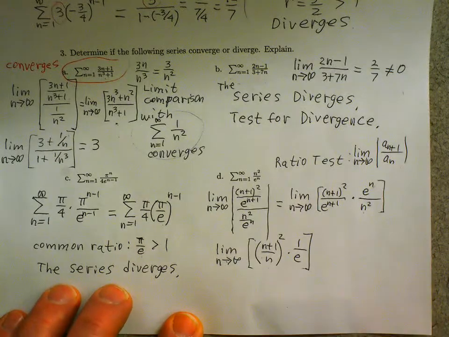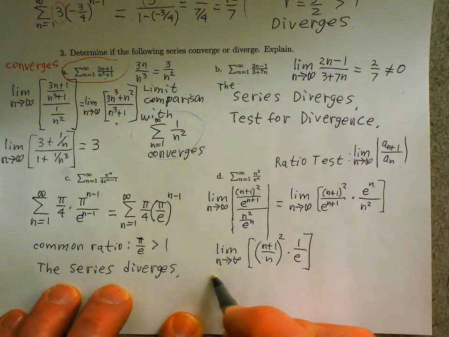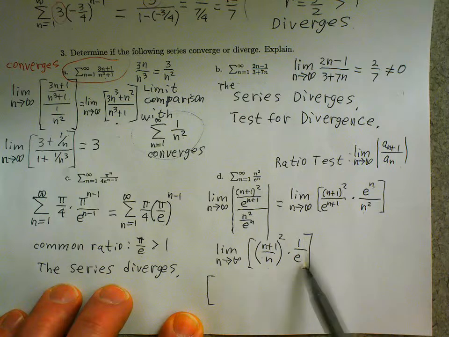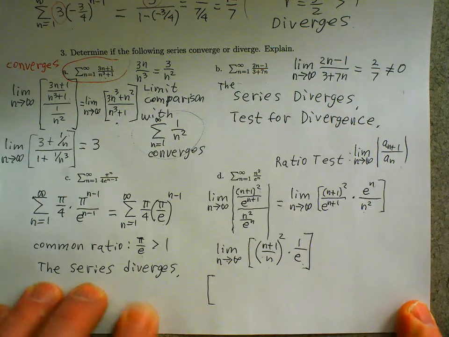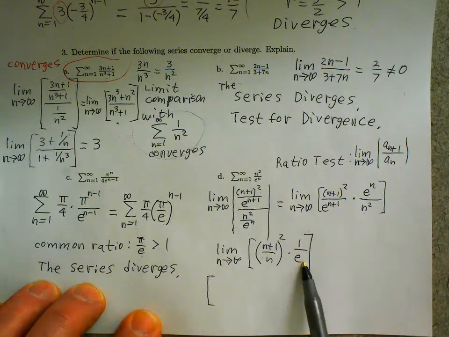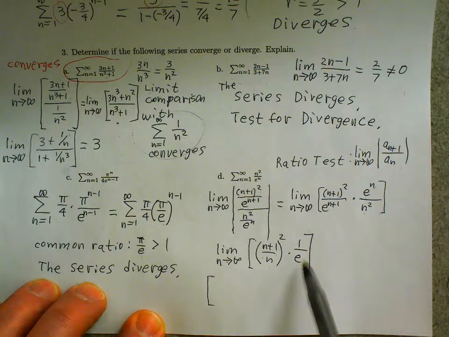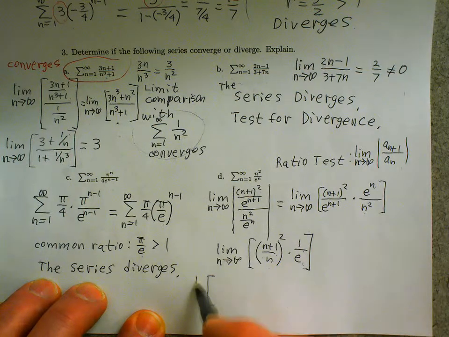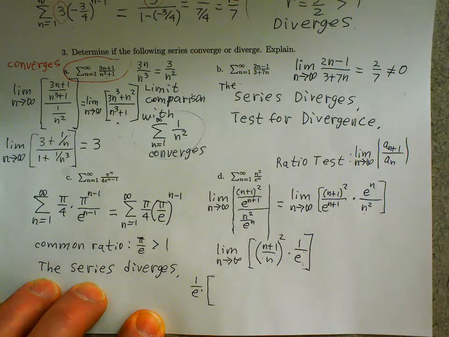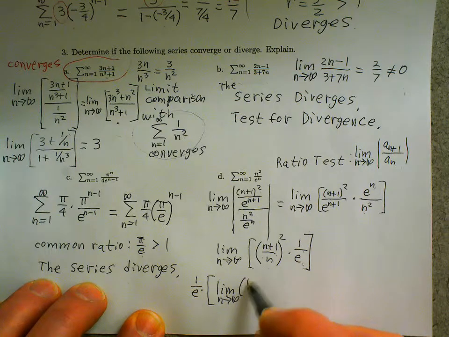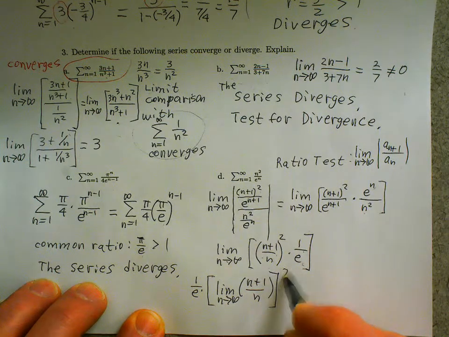So maybe I should do that. 1 over e is a number, so it's unaffected by n. So we can put 1 over e times the limit of n plus 1 over n, and then afterwards we'll square that limit.